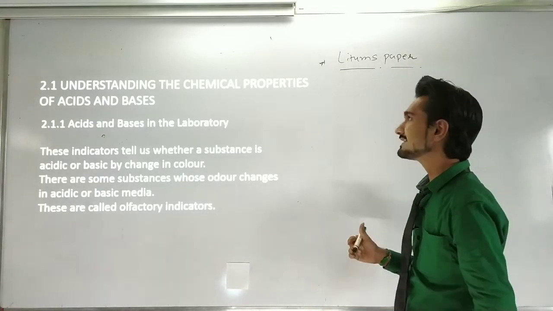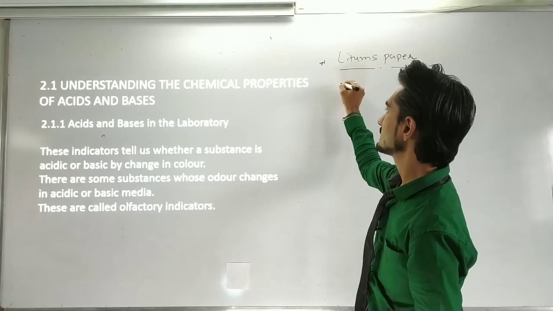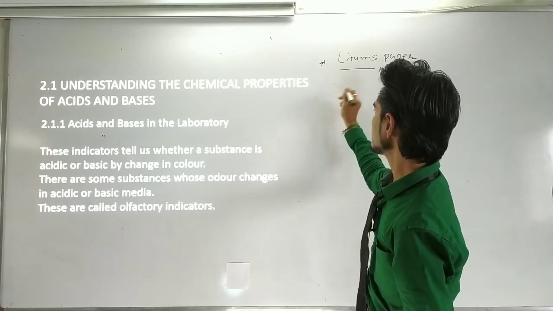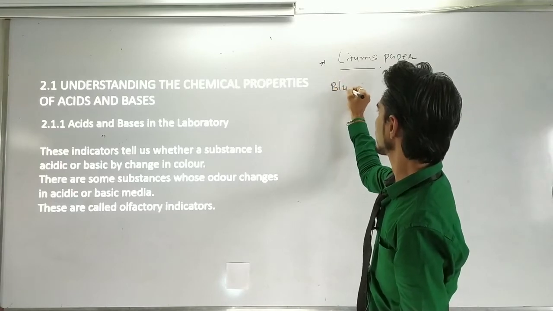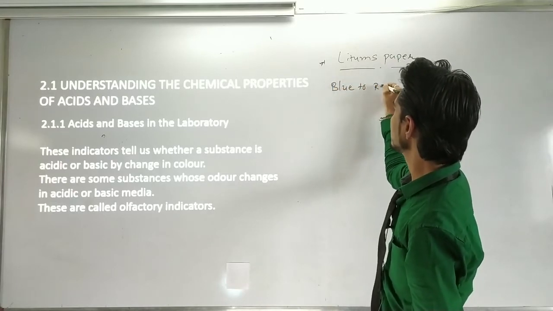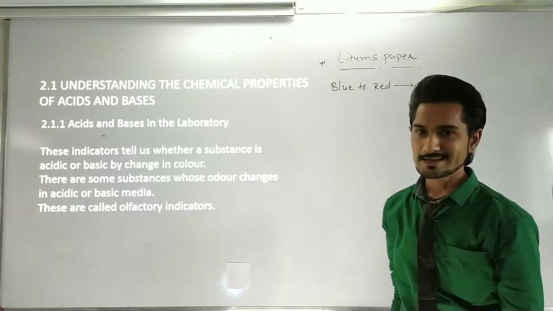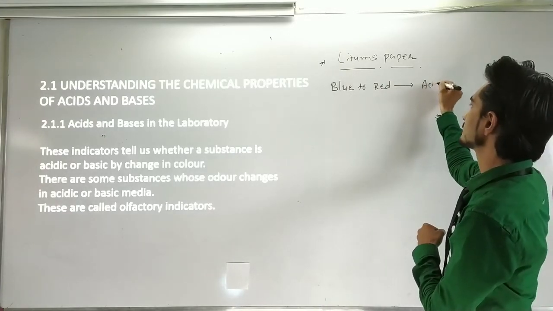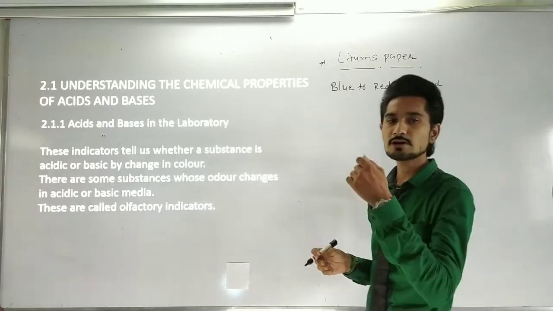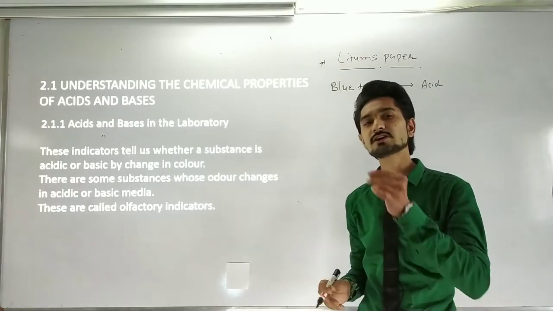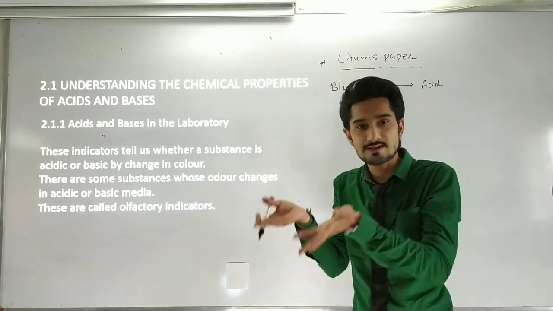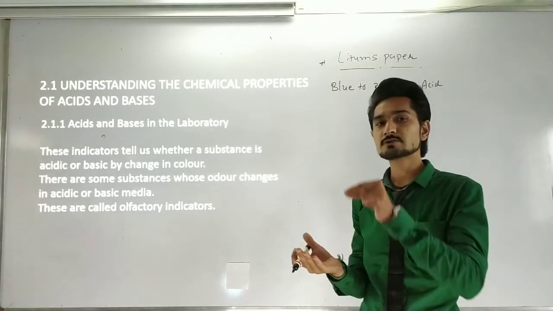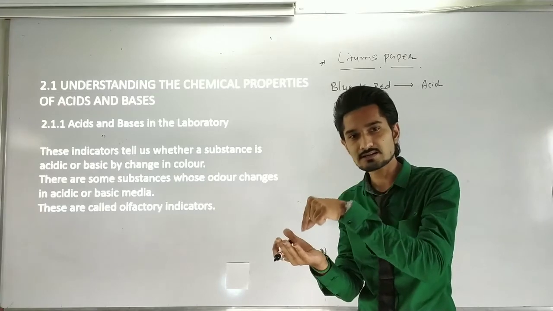Generally, whenever the litmus paper turns from blue to red, then we can easily say it is an acid. Suppose I buy blue litmus paper from the market, then I put it into the substance which I want to check, whether it is an acid or a base.